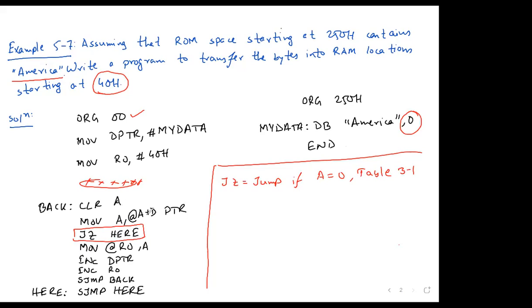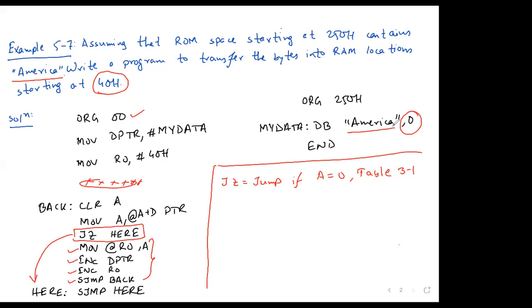So the same thing: every time you will move the data to the accumulator, but before transferring that data into the RAM location, you will check whether the accumulator contains a null character or not. If it does, you will directly jump over here, meaning you will not perform these instructions. Until you encounter a null character, you will keep executing all these instructions, and the null character will only appear after you have transferred all this data.